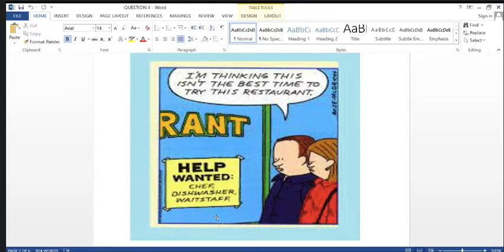So the conclusion, you say just now, what is inference? It's a logical conclusion based on what is given. What is given? Help wanted, not enough staff. So what's the conclusion that leads to the man not wanting to try the restaurant at that particular time? He might be afraid of the slow service.